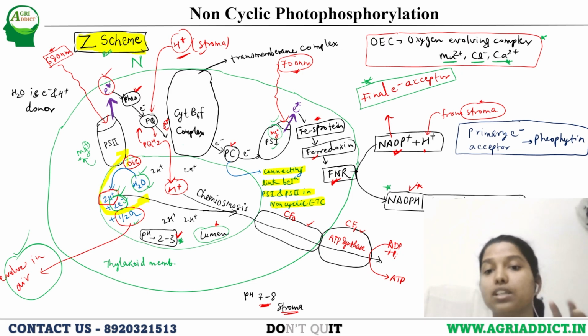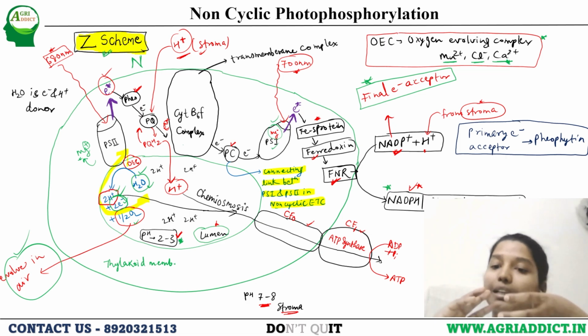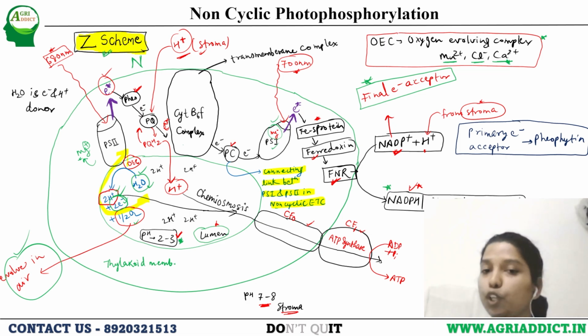This is what chemiosmosis is, how ATP is formed. The H plus which is present inside the lumen will get out through the ATP synthase molecule. This ATP synthase molecule will turn like this and transfer this H plus from lumen to stroma. During that time, this ATP synthase molecule will take ADP and inorganic phosphate from the stroma, combine the two and form the adenosine triphosphate molecule, which is known as the energy currency.